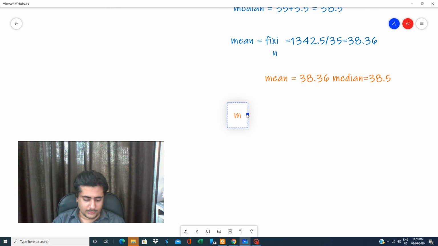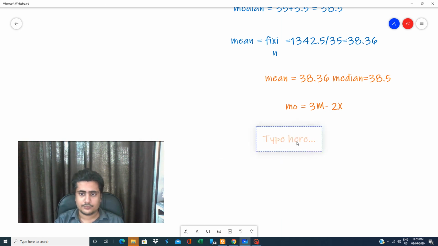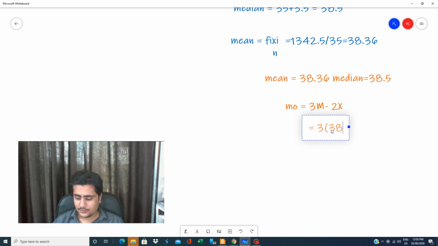So my mode is equal to 3 median minus 2 x bar. So my mode is equal to 3 into 38.5 minus 2 into 38.36, that is 3m minus 2x bar.